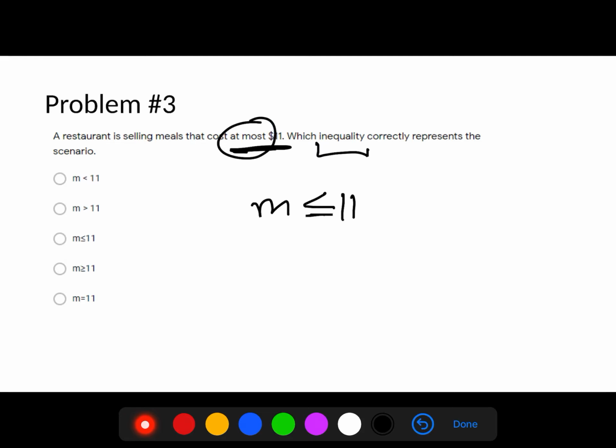So the inequality that represents this would be C, less than or equal to 11, right? It's not just less than, because if it was less than, that means it doesn't include the 11. It's not greater than, because if it could be at most 11, you can't go past that number. So you definitely need to make sure that you review those inequality symbols.